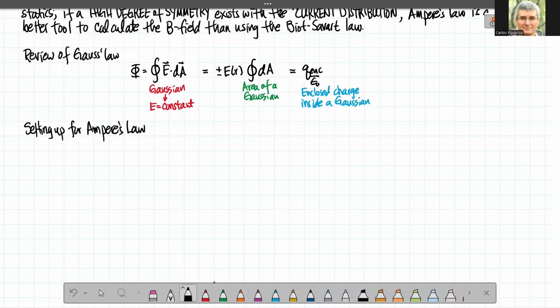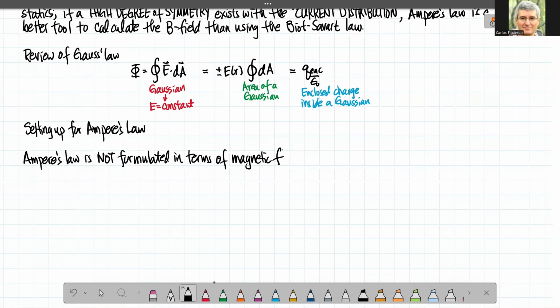Ampere's law is not formulated in terms of magnetic flux, since the flux is zero.